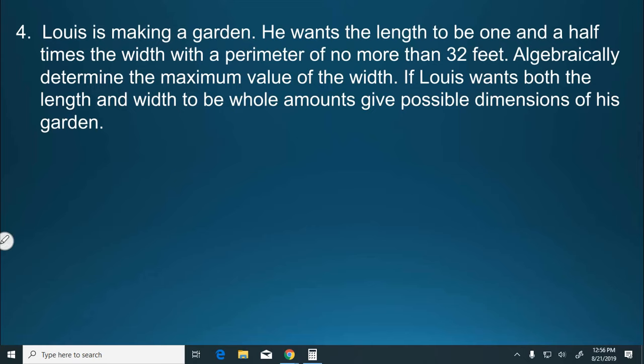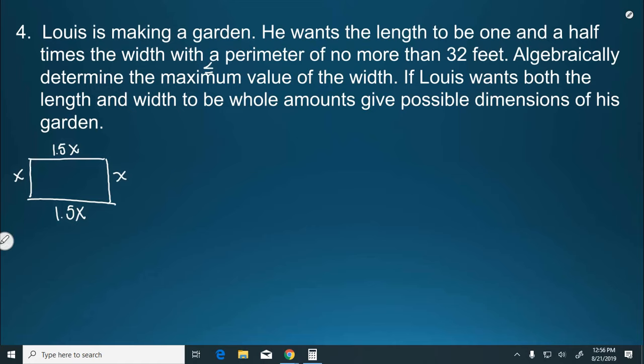All right, so again, maximum value of the width means less than or equal to. We have a rectangle. We're going back to a past problem. And he wants the length to be 1.5 times the width. So the width is x. The length is 1.5x. And we can start to figure out our equation. He wants the length to be 1.5 times the width.